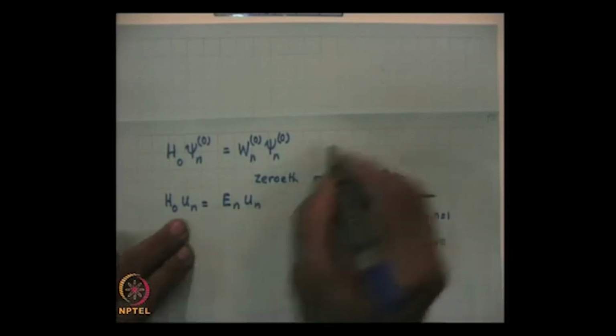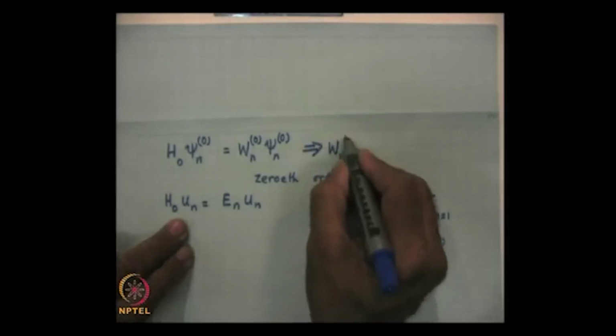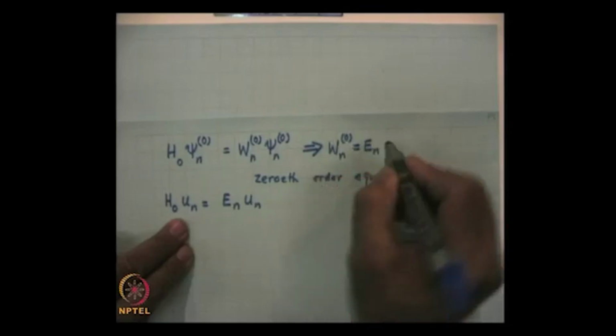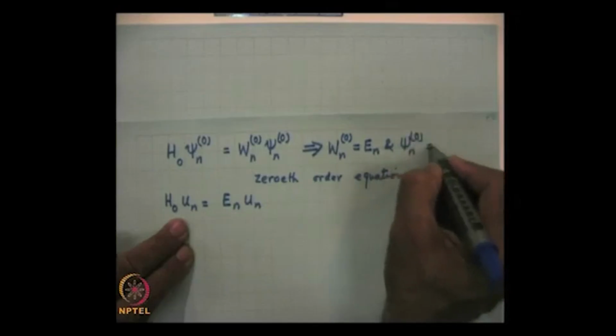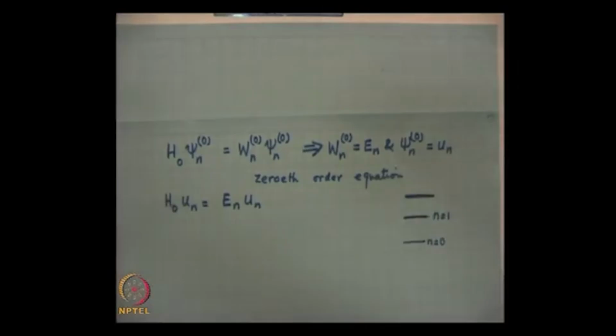Then I can write this down immediately, that W n 0 is equal to E n and psi n 0 is equal to u n. This is the 0th order solution, which is obvious because there is no electric field or magnetic field, there is no perturbation.